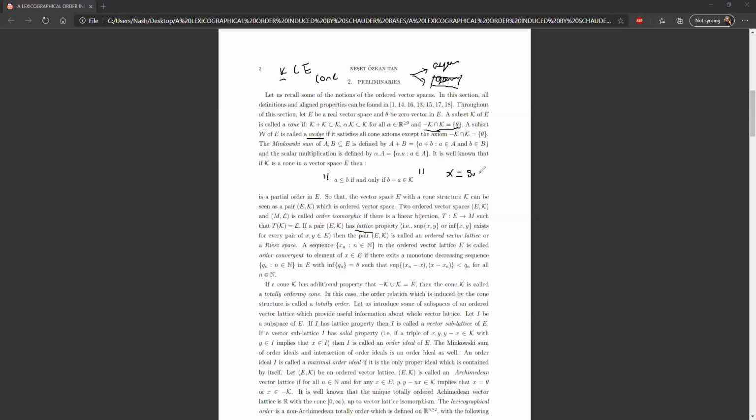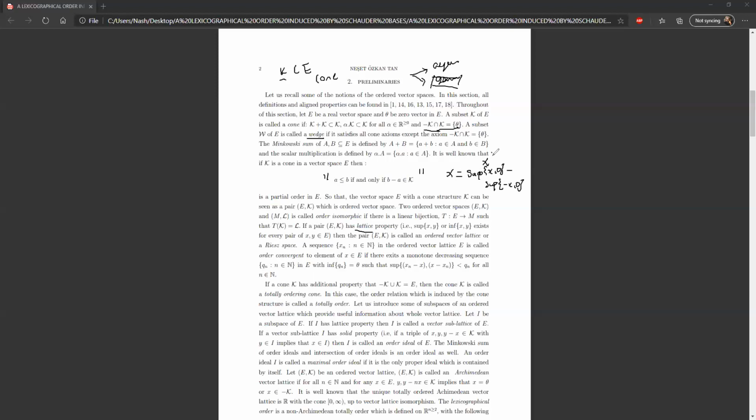For example, I can write each element of the vector space as the supremum of x and 0 minus the supremum of minus x and 0. So I have a decomposition of x which can be written as a difference of positive vectors, right?